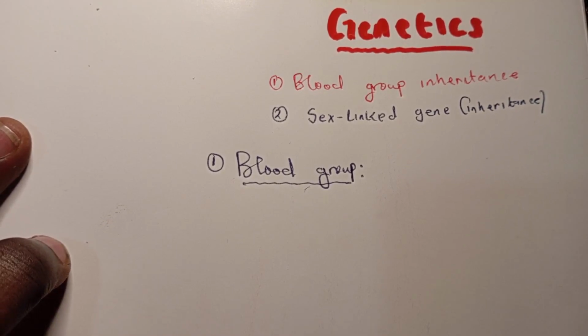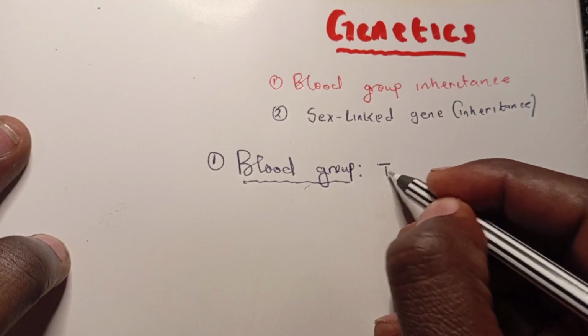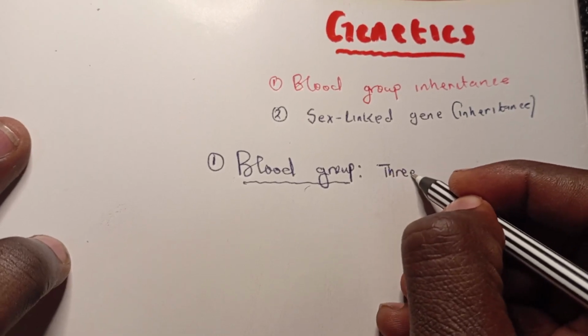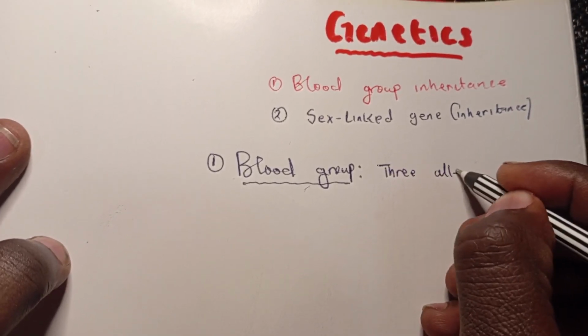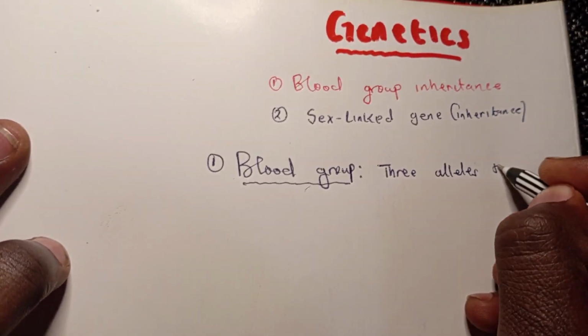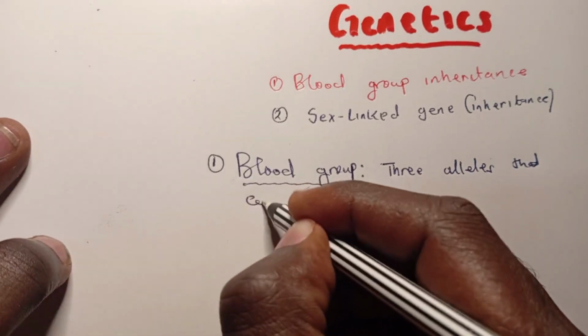So there are three alleles. We discussed what an allele is in our previous video.